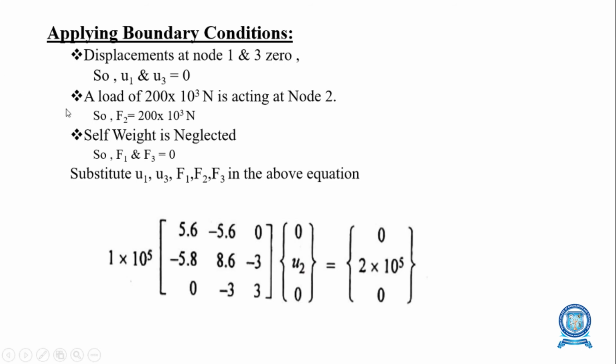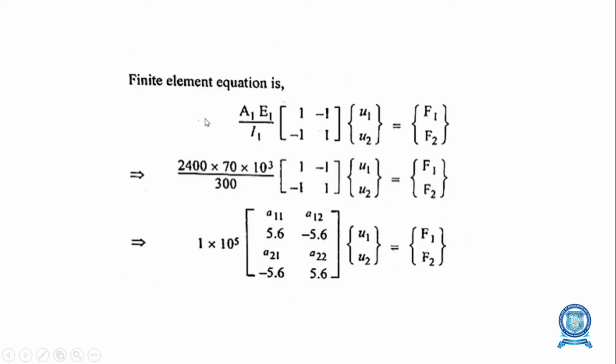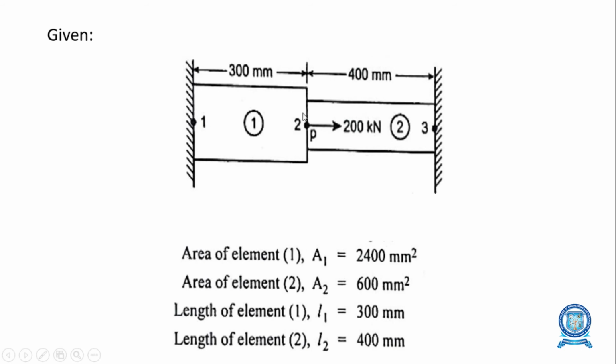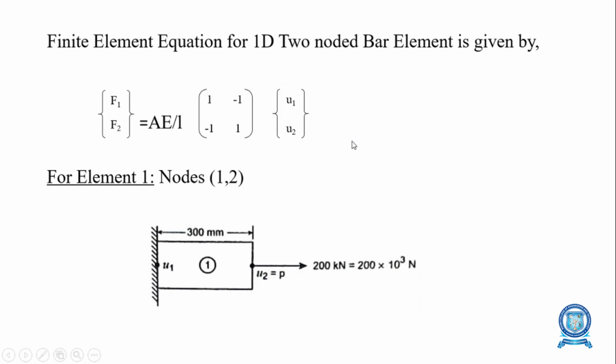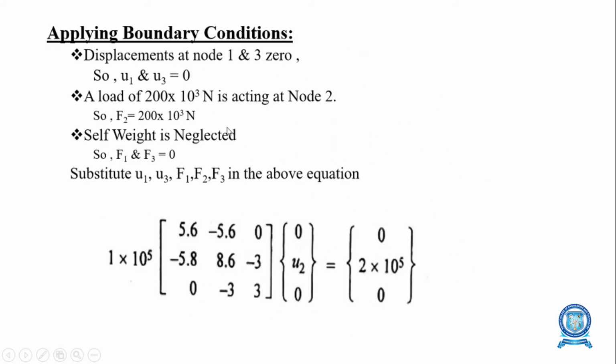Now at node 2, a 200 into 10 to the power 3 Newton load is acting. From the diagram itself, it is given. So F2 is equal to 200 into 10 to the power 3 Newton.